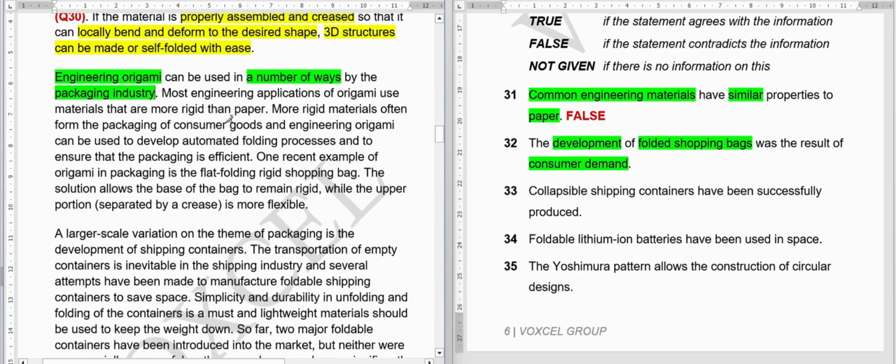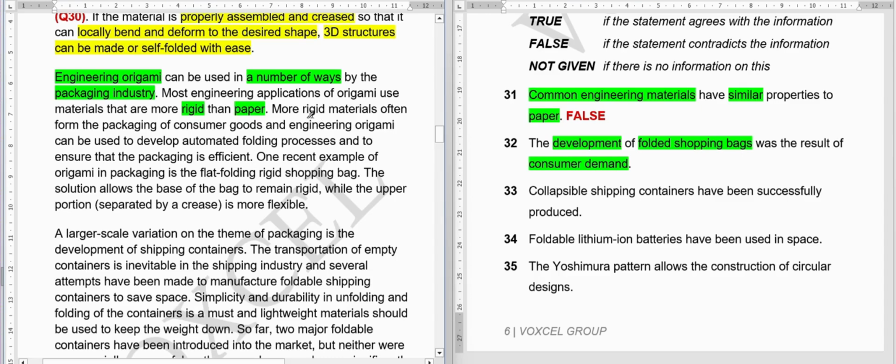Most engineering applications of origami use materials that are more rigid than paper. So we use materials that are tougher than paper, so that they do not crumple that easily, or that are stronger than paper. More rigid materials often form the packaging of consumer goods, and engineering origami can be used to develop automated folding processes and to ensure that the packaging is efficient.